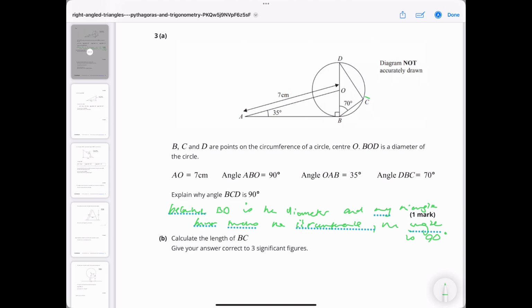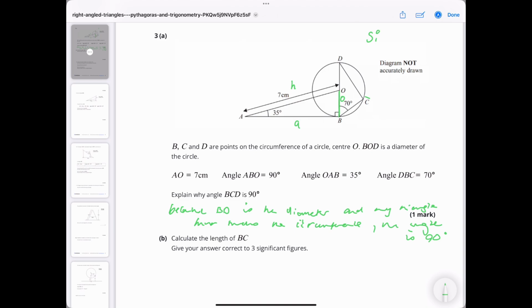So BC, if we were to draw this, I can't calculate that without calculating what BO is first. I've only got the angle in BCD, so what I want to do is find BD. I'm going to find BO first. That is the opposite, this is the hypotenuse and this is the adjacent.